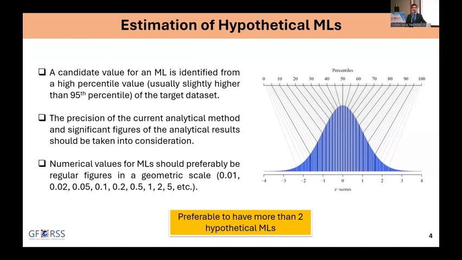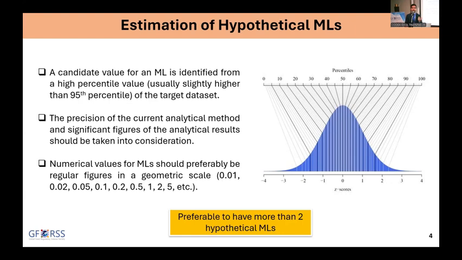What do you think and why? I'm still thinking here about the candidate ML, the hypothetical MLs, okay? I have a data set, and I have my 95th percentile, and I want to start proposing MLs. Before agreeing on the hypothetical MLs, the significant digits or figures I will be taking into consideration. What do you think about that?